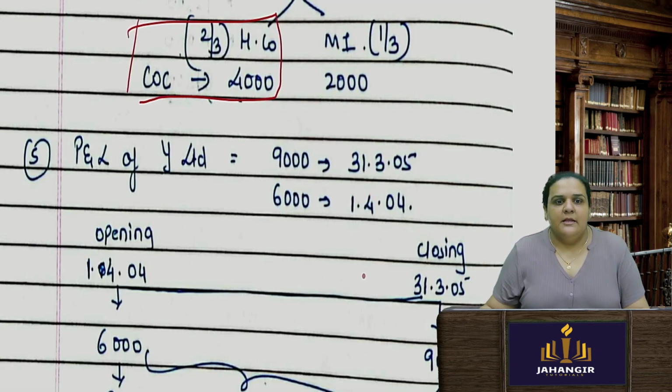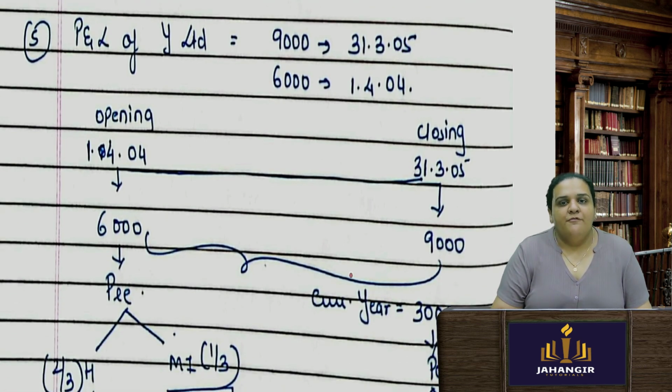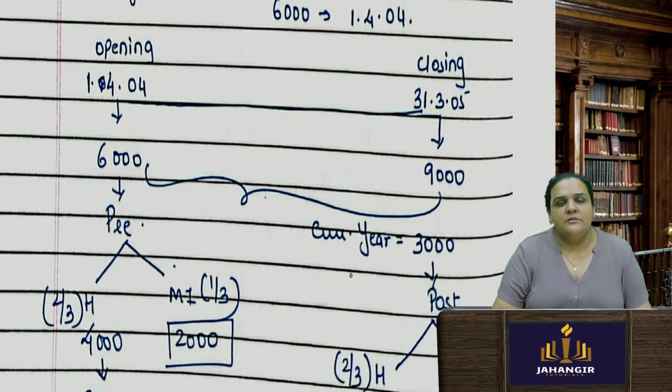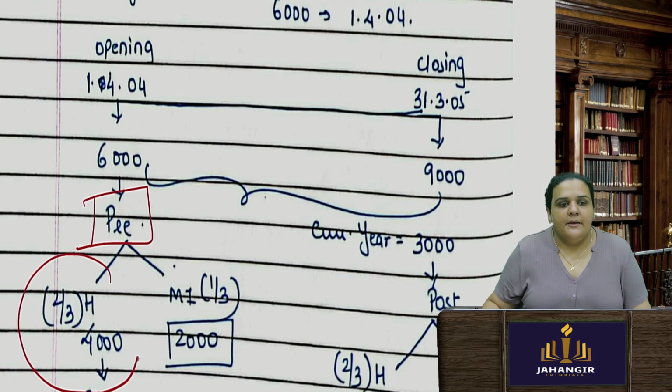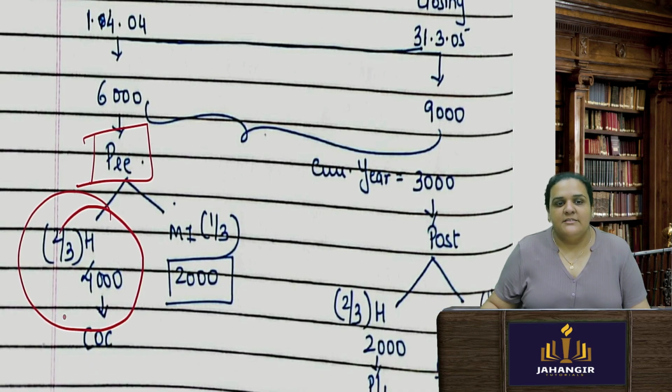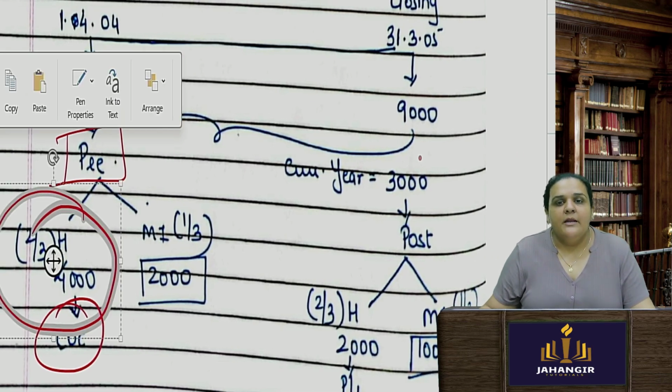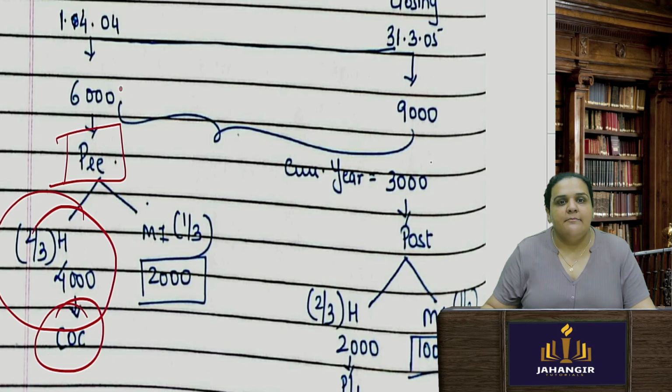So same thing I will do again. Opening 6 on 1st April, closing 9,000. This 6,000 is pre-P&L. Share of holding company, which is 4,000 out of that 6, 2/3, will go in my cost of control calculation, and minority interest shareholders will get their share. But how did I reach this 9,000? Because I made a profit in the current year of 3,000.